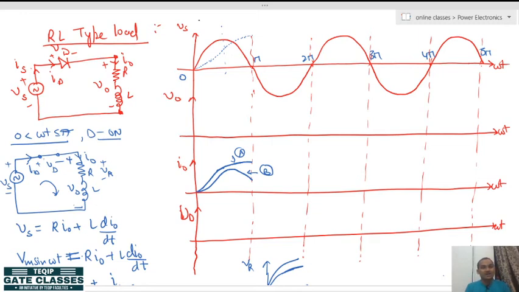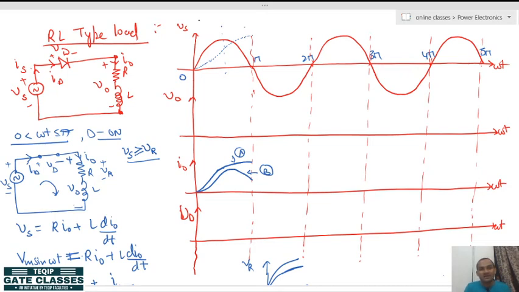Please note again: till the time the instantaneous value of the source voltage is greater than or equal to the drop across the resistance, only till that point will the diode remain forward biased.